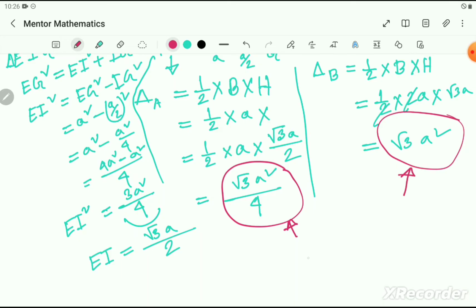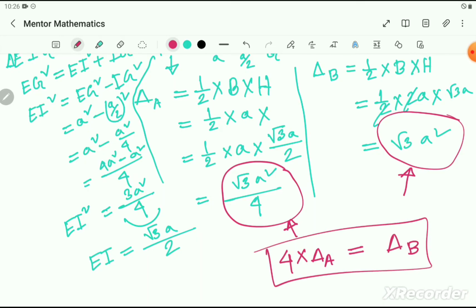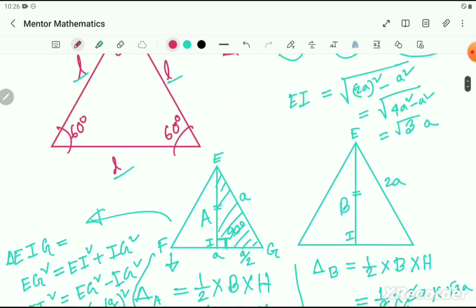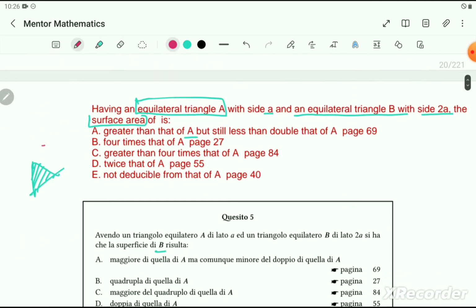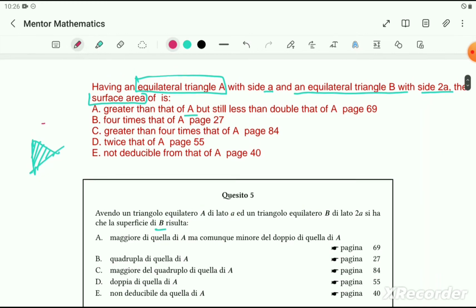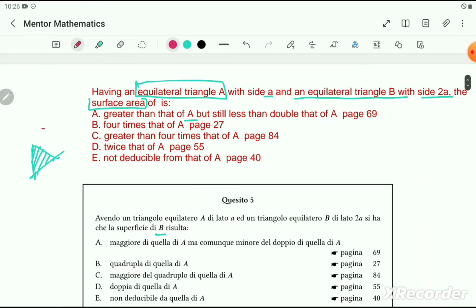That means surface area of A multiplied by 4 equals the surface area of triangle B. So this is the relation. Let's find out the answer now. Greater than 4 times that of A. So our answer is C.